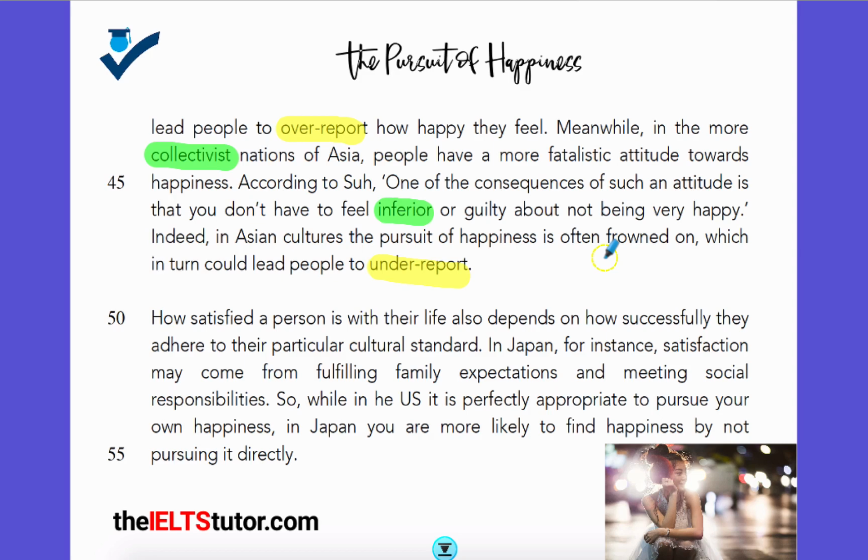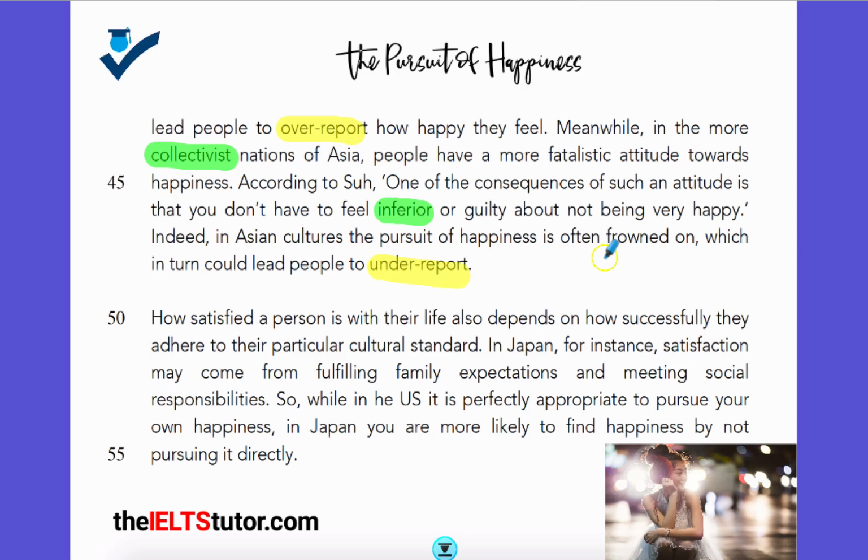If someone asks you, "How are you?" and you've been suffering from an illness, your pet cat has just recently died, and your best friend has moved to another country, so you're feeling miserable, but yet you say, "Not bad." Basically what you're doing is under-reporting how happy you feel.